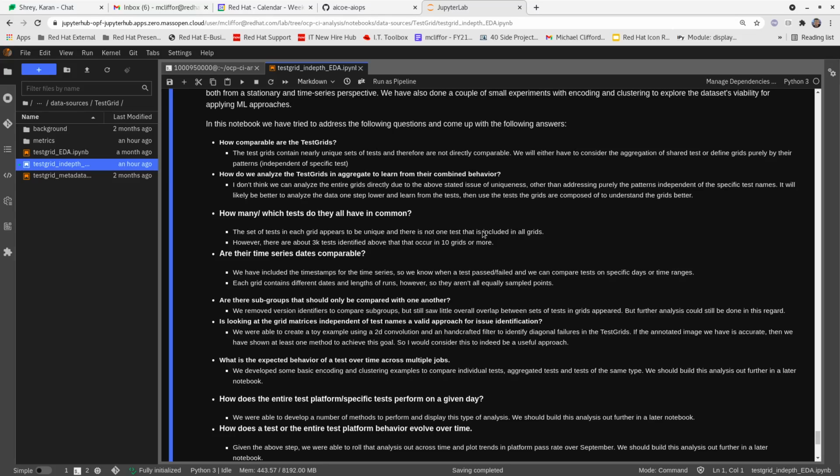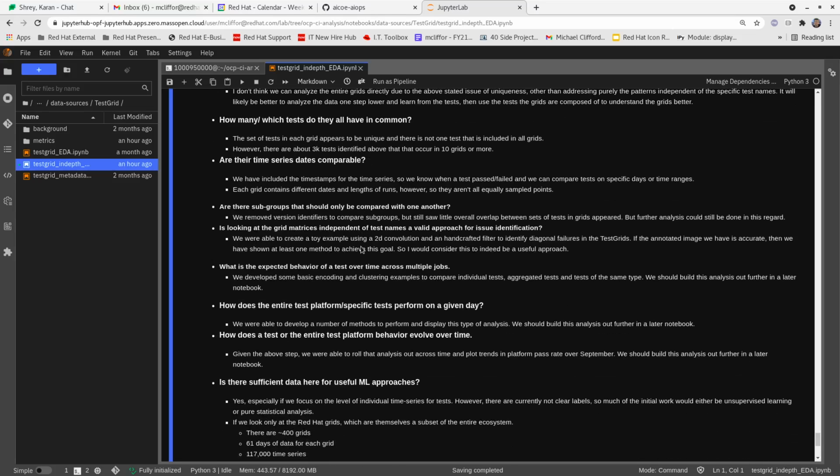I think we have come to the conclusion that the TestGrids as they stand really aren't comparable on their own, unless we just ignore the test names and the actual time frame, but just look at the pure patterns. Otherwise, we're going to have to break it down into the individual tests, or look at specific dates and builds.